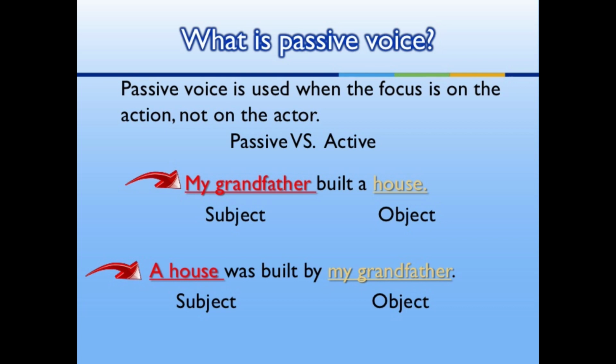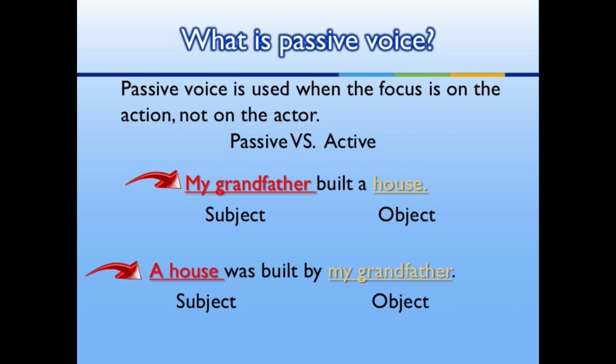Because there is an object to complete the meaning of the sentence. This built takes an object to complete its meaning. Subject, my grandfather. Built is a transitive verb and house is the object, a is an article. A is a consonant article.